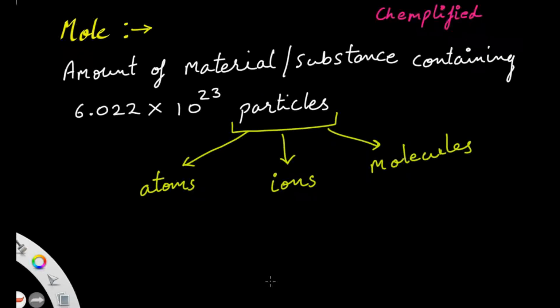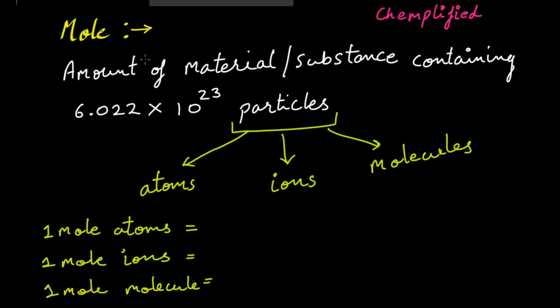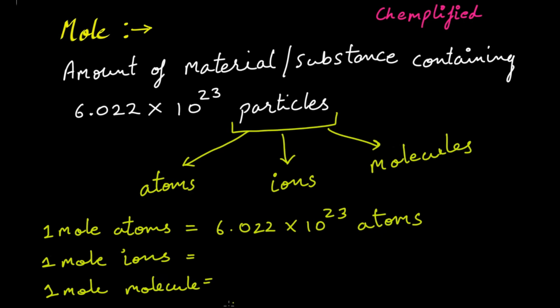Now 1 mole of atoms means 6.022 into 10 to the power 23 atoms. A quantity that contains 6.022 into 10 to the power 23 atoms will make 1 mole of atoms. 1 mole of ions means 6.022 into 10 to the power 23 ions.